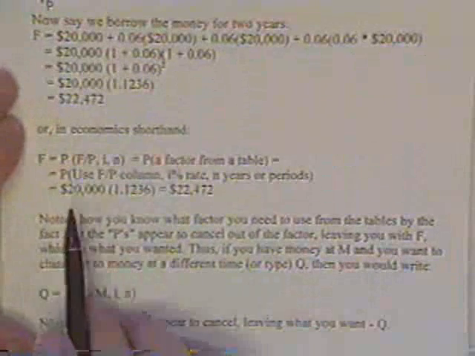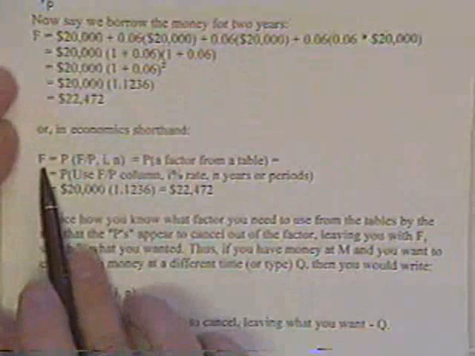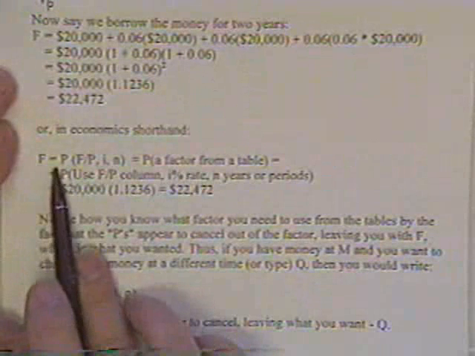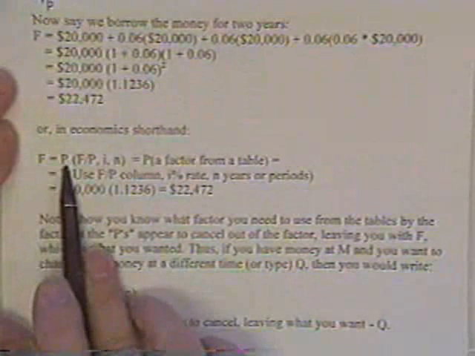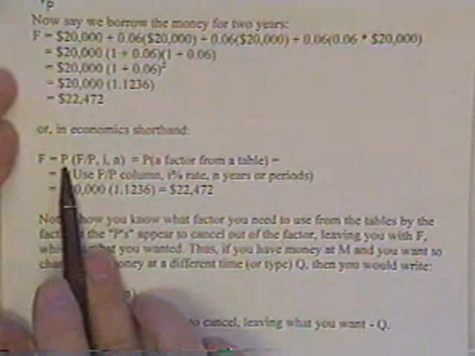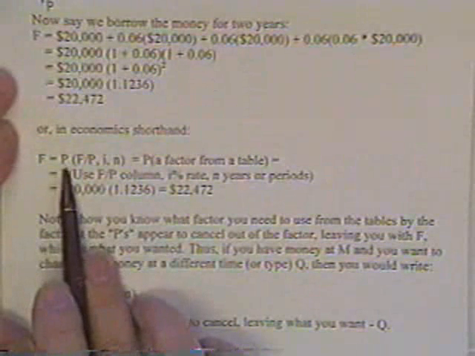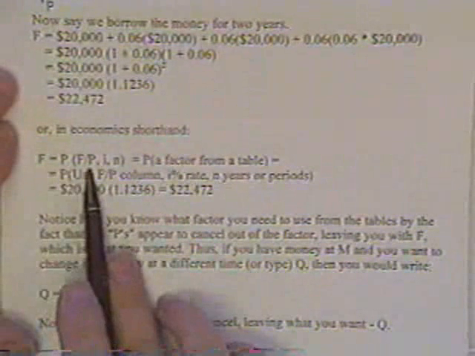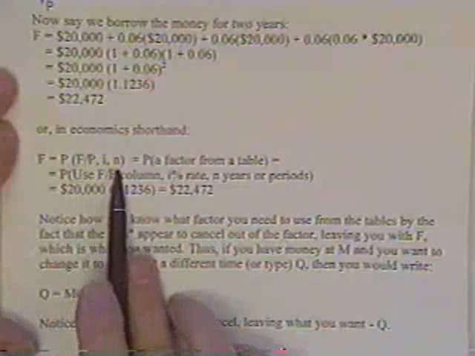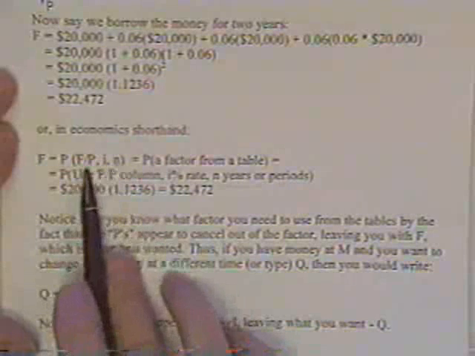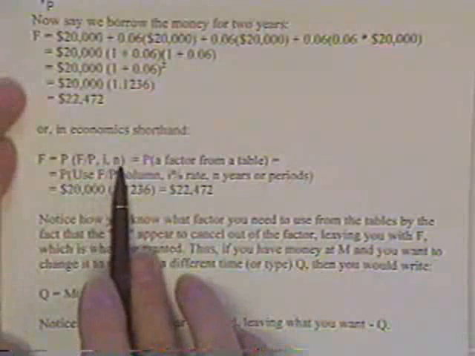In economics shorthand, the future value of a stream of money can be found by multiplying the present value of that stream of money times F over P, I, and N, or at least times the factor that contains those variables.